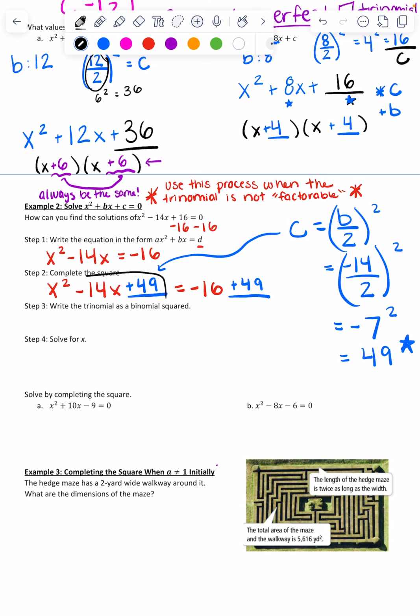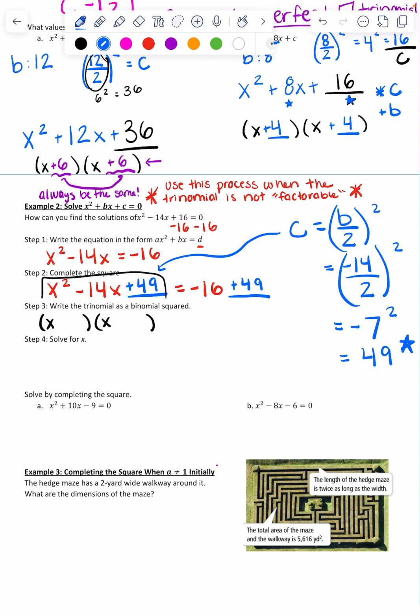So this left-hand side of the equation is like the meat of this problem. That is the most important part. On the left-hand side, you guys, we now have a perfect square trinomial. What two numbers, they should be identical numbers, multiply to 49 and add to negative 14?